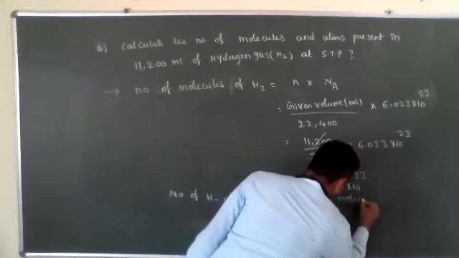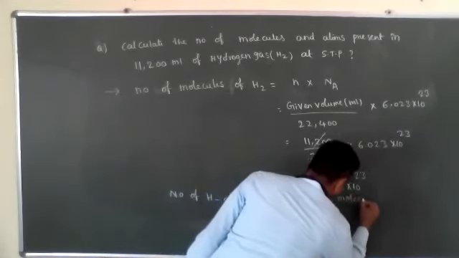The number of molecules always uses the common formula N times N_A. Here, N is volume by 22,400 ml, because the given volume is in ml. 22,400 ml is also 22.4 liters, and 11,200 by 22,400 is 1 by 2.